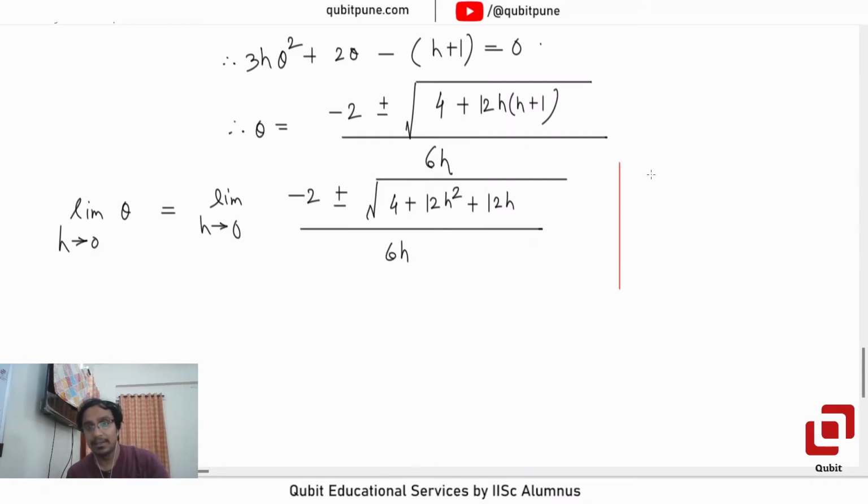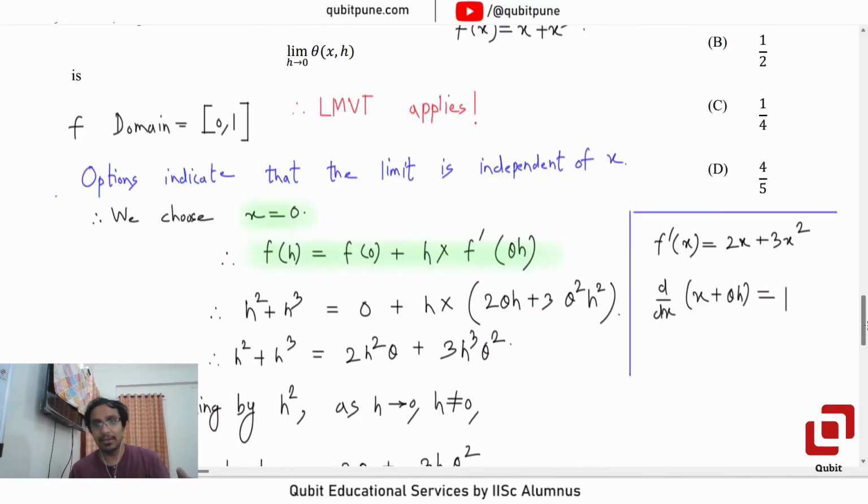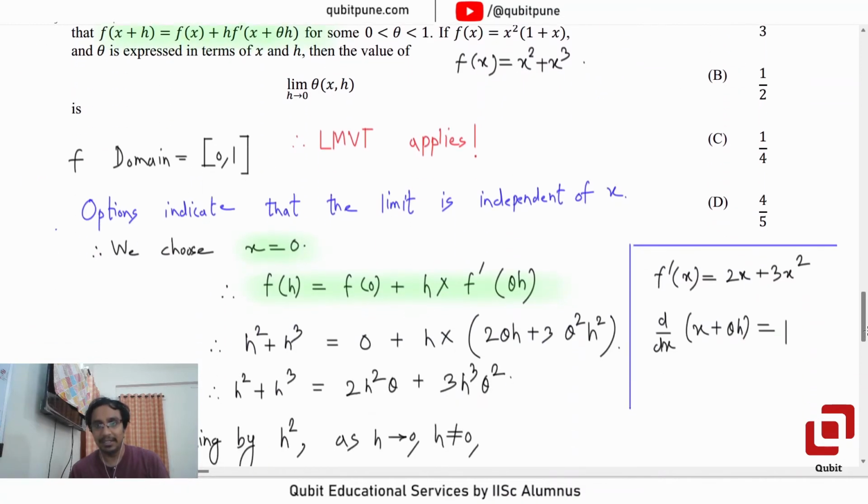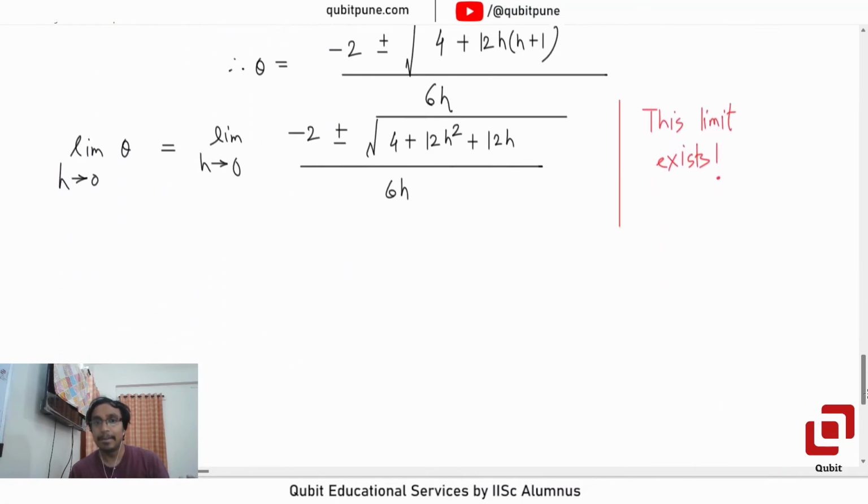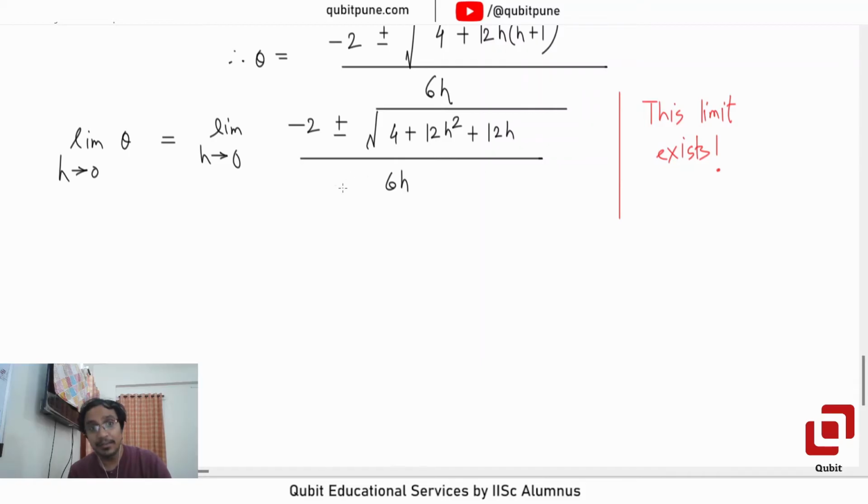That's what we want. If this limit exists, as the options tell us, 1 upon 3, 1 upon 2, 1 upon 4, 1 upon 5, it must be in the indeterminate form because of h. Therefore we must have 0 by 0 form.